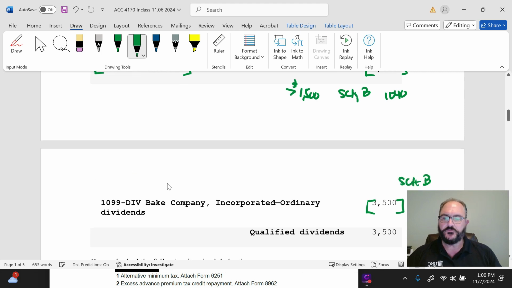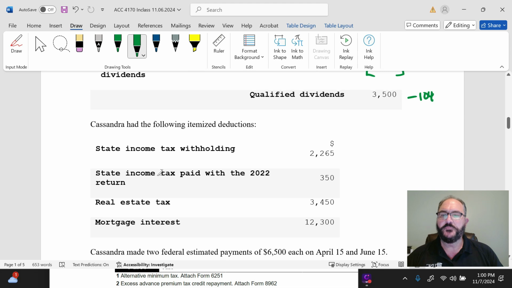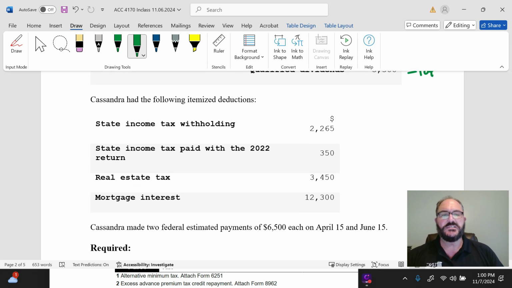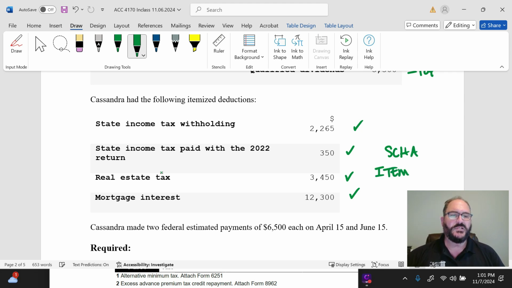Okay. Let's see what else. They also give us some, so we got state withholding, we got mortgage interest, we got real estate tax, and we got an income tax paid with her 2022 return here. And so all of this information, this is going to be for Schedule A. And basically it's going to be itemized versus standard.